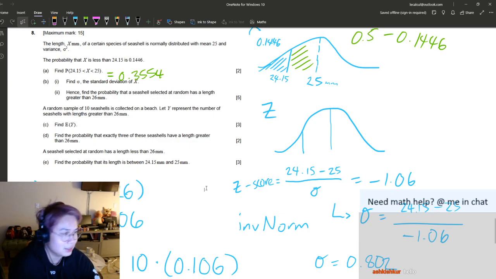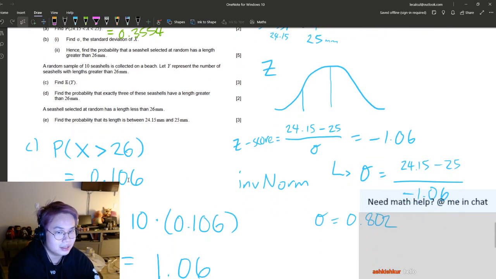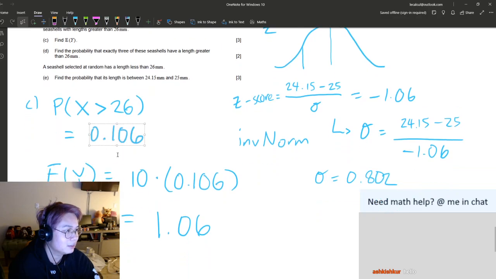So this is essentially 10 trials. We want 3 seashells and each seashell has a certain probability of being whatever we desire, which is greater than 26 millimeters.